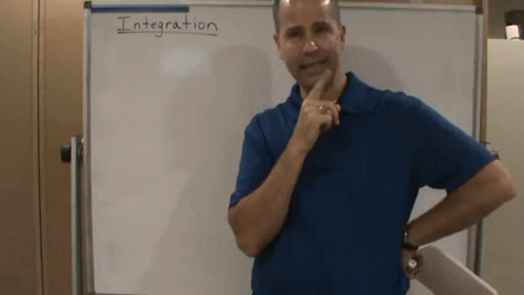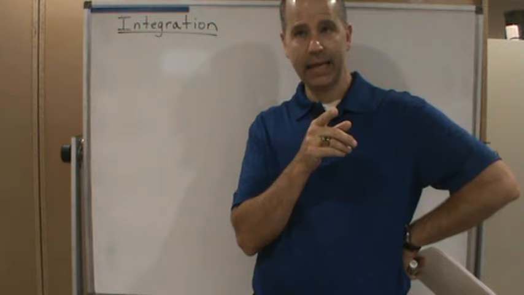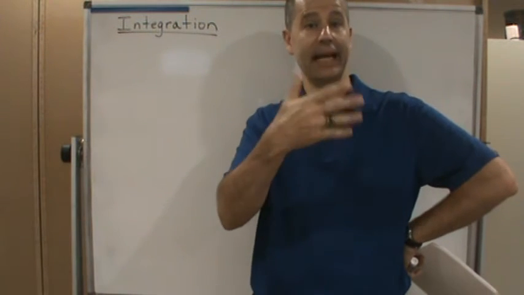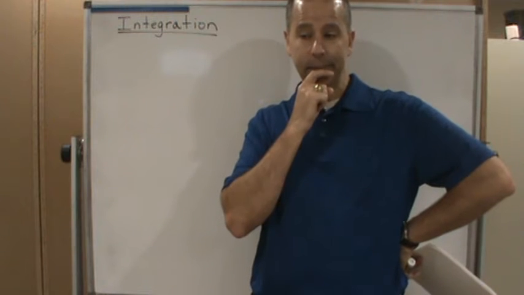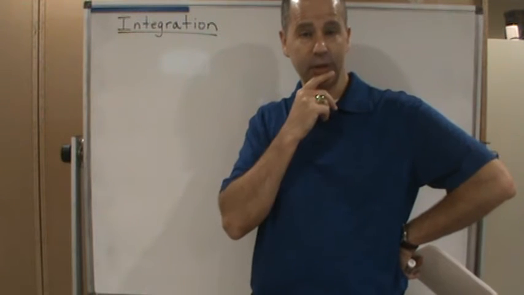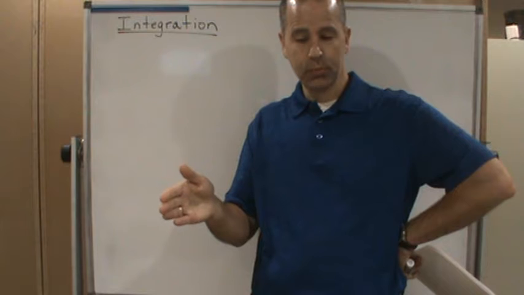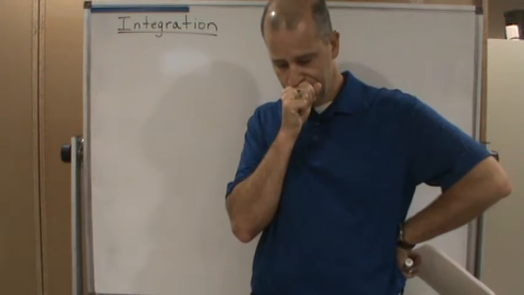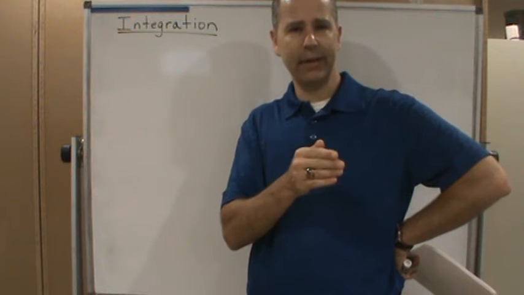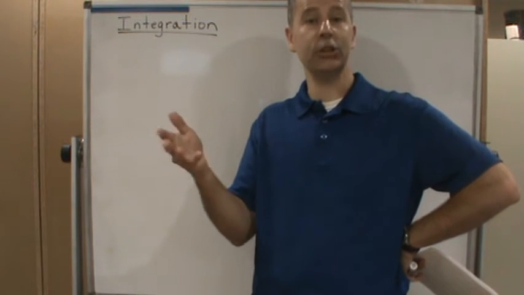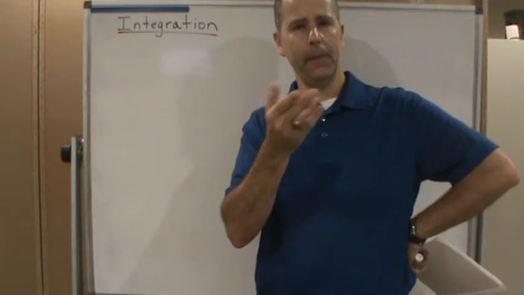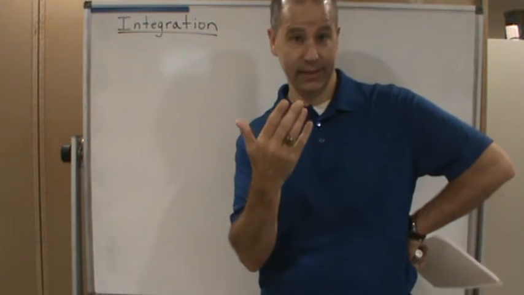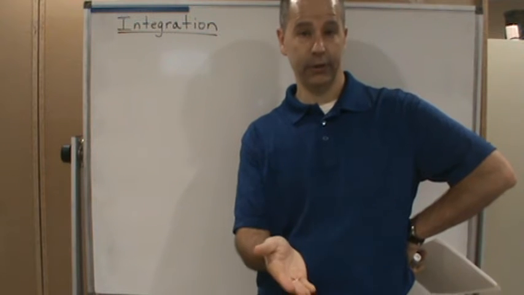Can we take the limit as we increase the number of rectangles within a given interval under the curve? What happens if we take that limit as the number of rectangles increases to infinity? Well, that's where we're going to go, and that's going to give us the definition of an integral.